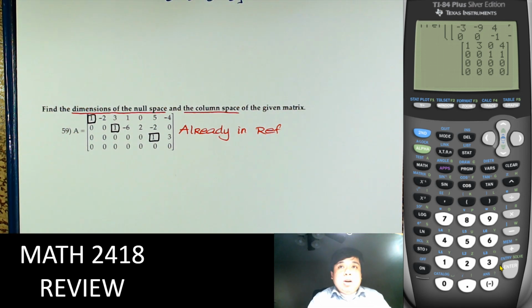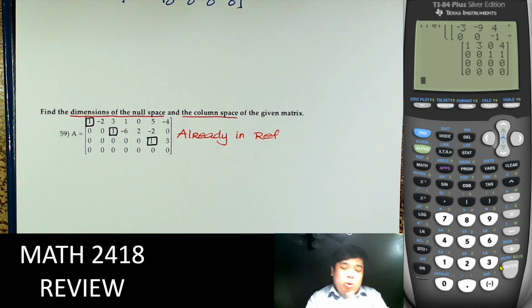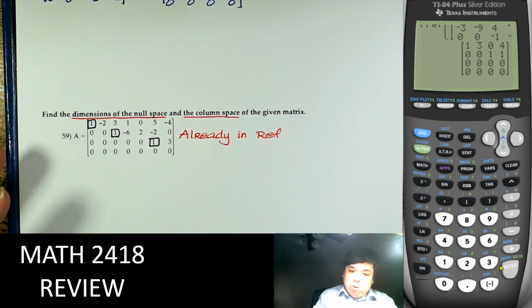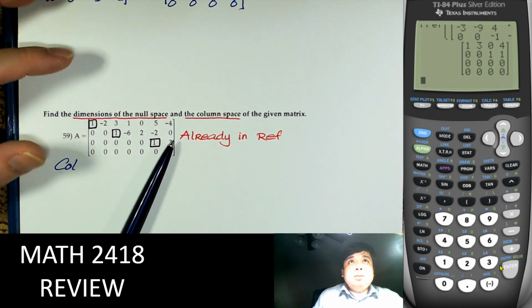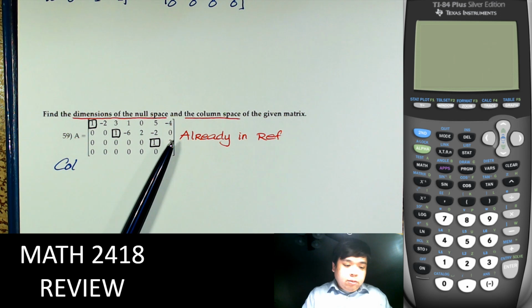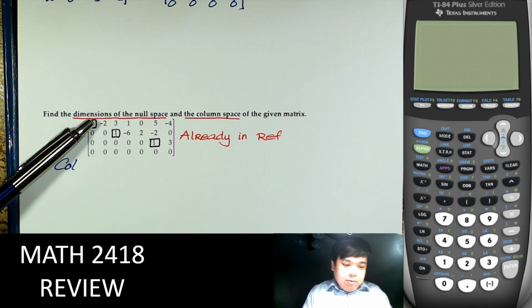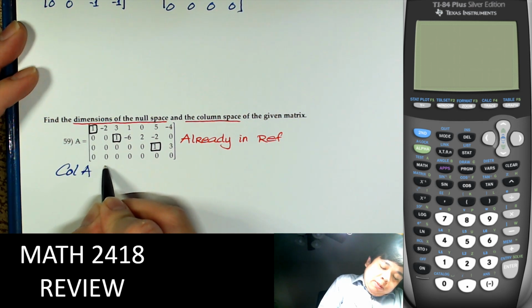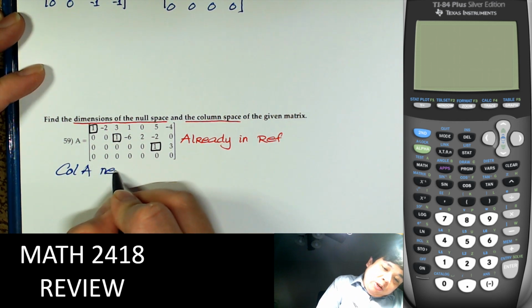Now remember the column space is where we pick up the column originally, not the one in reduced echelon form, but here we have 3 columns. So the basis for the column space of matrix A has 3 vectors where the pivots are. Or to say, we need 3 vectors.